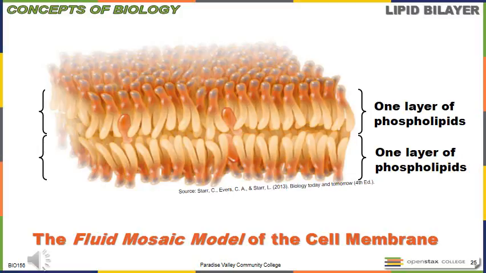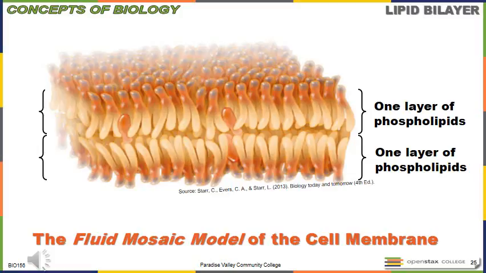This picture is more typical of the way you will see the phospholipid bilayer depicted. It's more cartoon-like, but even though we talk about the cell as being a circle, it's easier to picture the lipid bilayer as a rectangle like this with horizontal layers instead of the full complete circle.